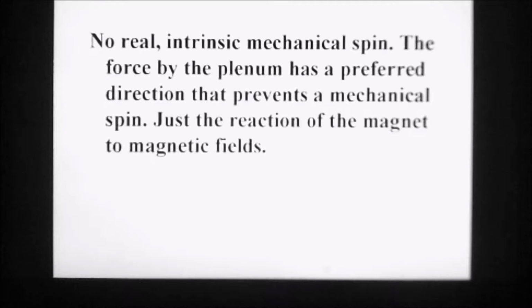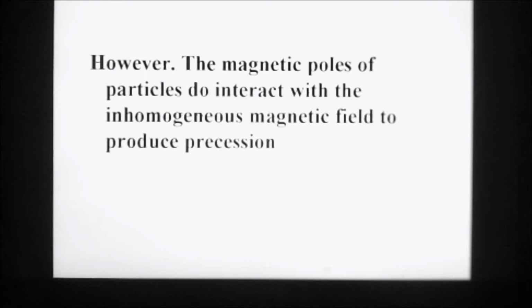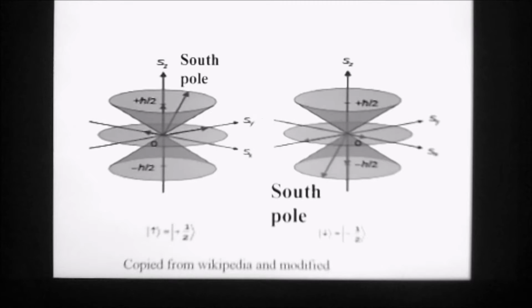So the only thing we have left is the reaction of the magnetic poles to the magnetic fields. However, the magnetic poles of particles do interact with the magnetic field to produce precession. The other force vector is that of the particle trying to get the minimum surface area presented to the direction of movement. So here you see it.